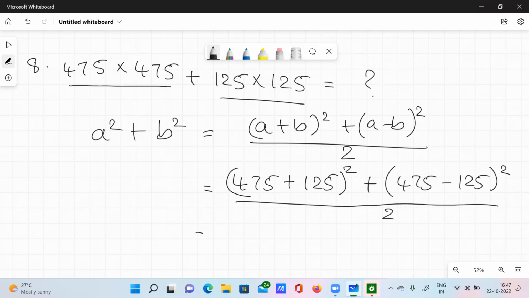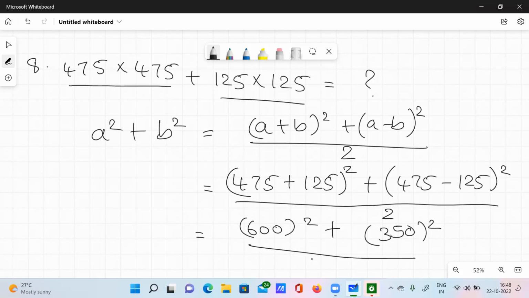So what's the value here? 400 plus 100, 500, 500 plus 90, 90 plus 600 here, plus 400, 5 minus 5, 0, 7 minus 2, 5, 4 minus 1, 3 whole square, divided by 2 here.